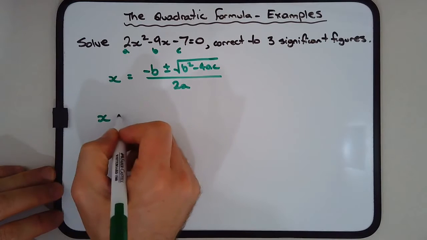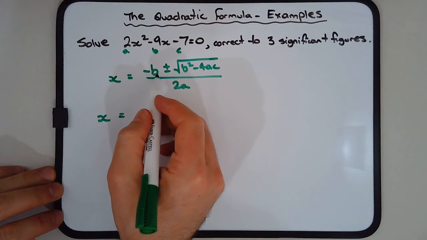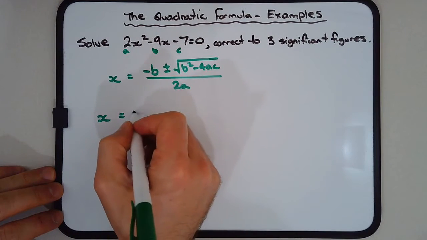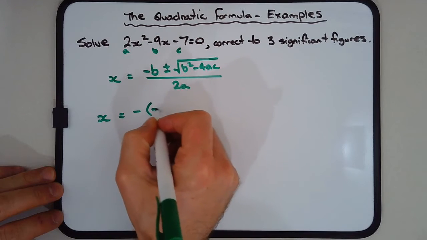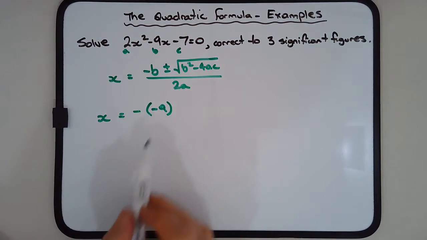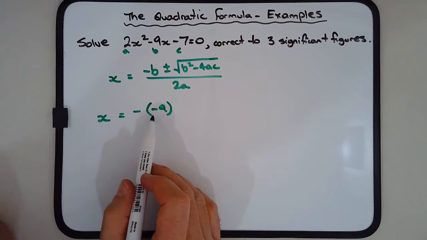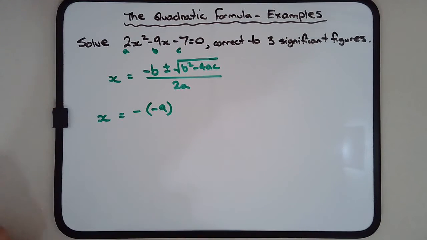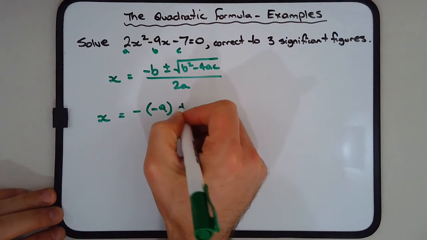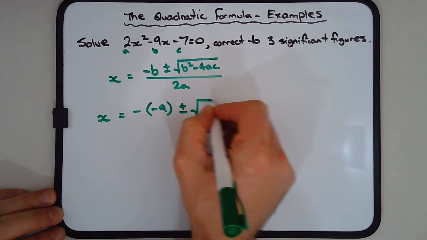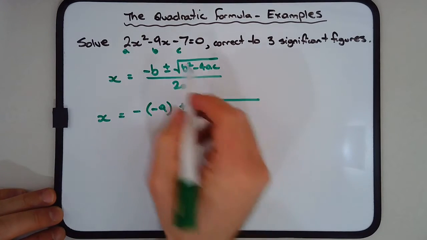So x is equal to, now minus b is negative 9, so that's minus negative 9, which becomes positive, plus or minus the square root of b squared minus 4ac.